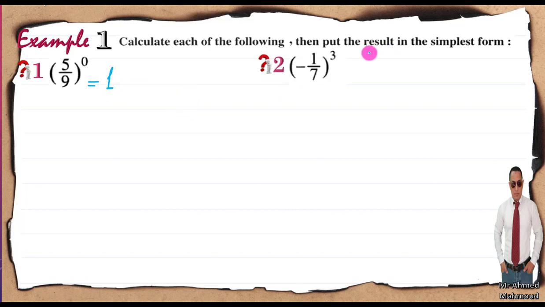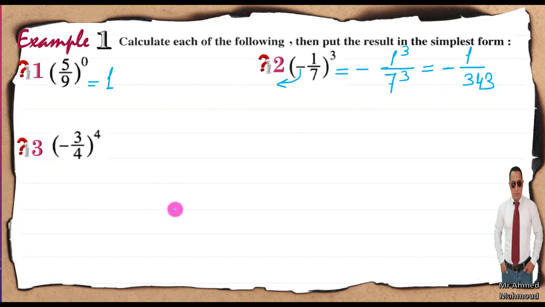Number 2, negative 1 over 7 all to the power of 3. First, I look at the power. The power here is odd, so I send the negative outside, like this. Then I distribute the power: 1 to the power of 3 over 7 to the power of 3. Then, using the calculator, it will be negative 1 over 343.